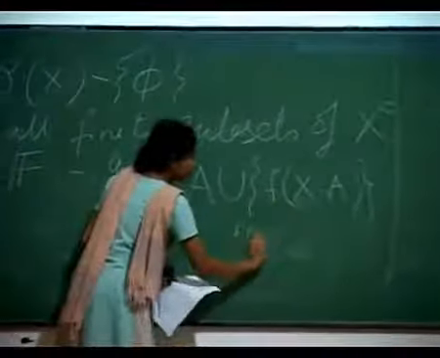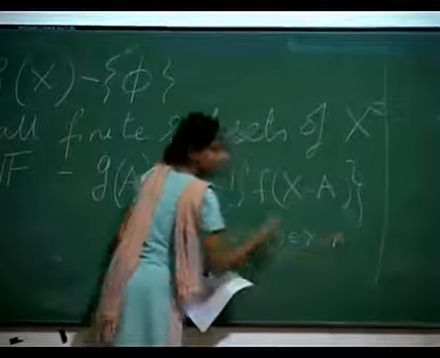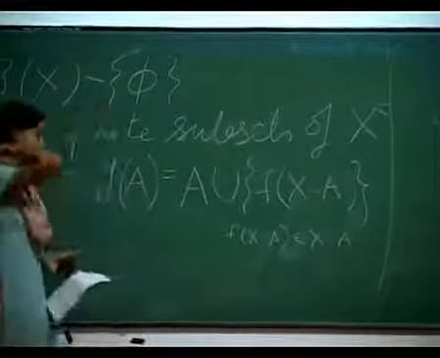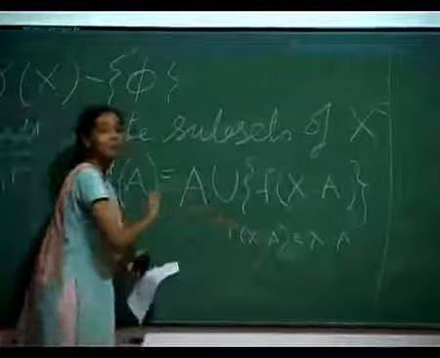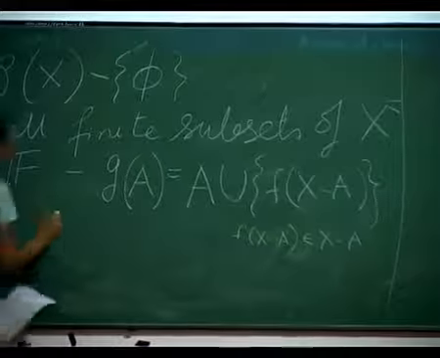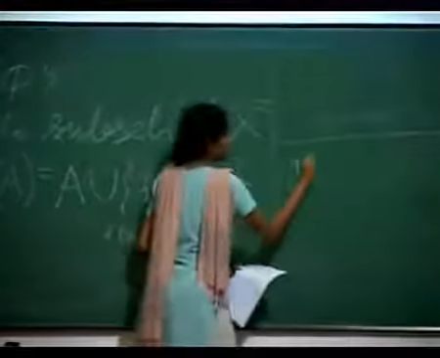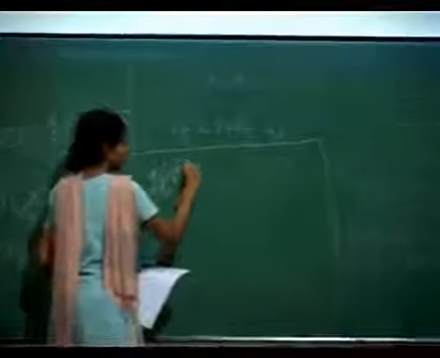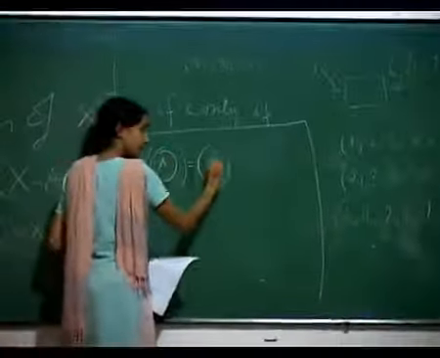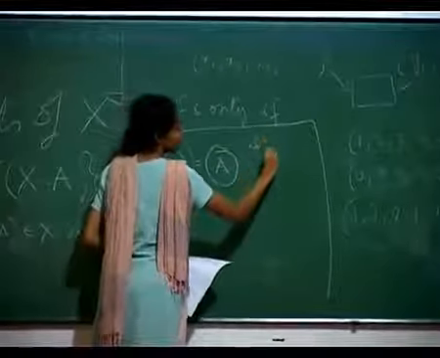That was the whole point of choice function, which means that F of X minus A doesn't belong to A. So what this really says is, you take G of a set A and it gives you back that set A and another point outside A.